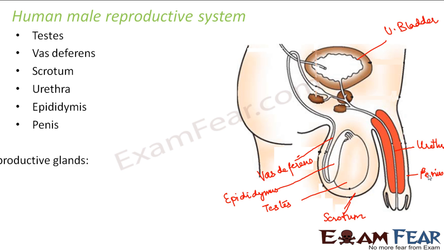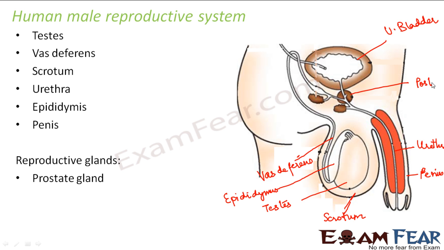Now other than these, there are certain glands which also perform a role in the male reproductive system. So what are these glands? The prostate gland. So here you can see this is the prostate gland. There are seminal vesicles. This is the seminal vesicle.